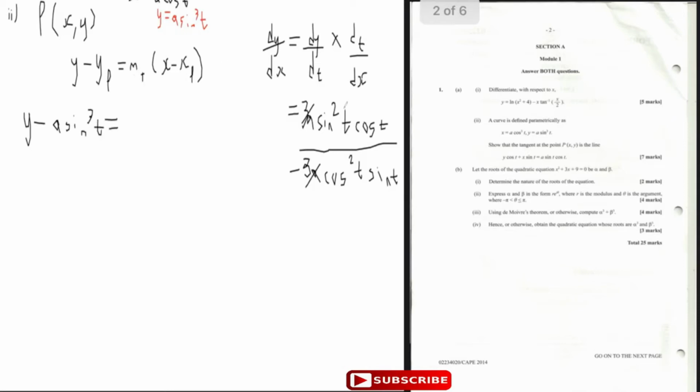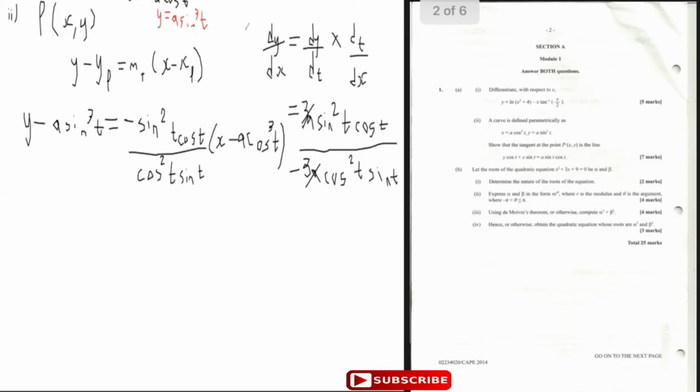The gradient of the tangent is given by this formula, which is minus sine squared t cos t over cos squared t sine t, multiplied by x minus x_p, which is x minus a cos cubed t. So this is the equation of the tangent.